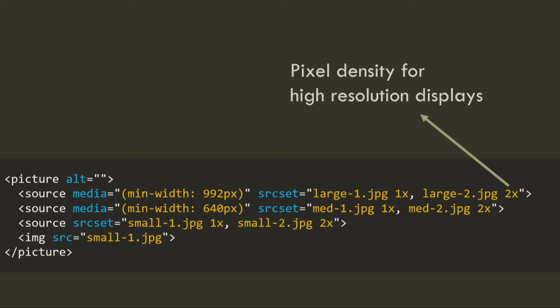If the browser implementation is sophisticated enough to know how many pixels the screen is made of, which makes sense mostly for Retina devices like iPhones, then the browser that recognizes this syntax will download large-2 on Retina displays and large-1 on others, or that would be the default.